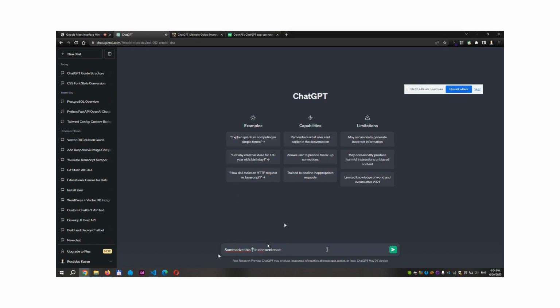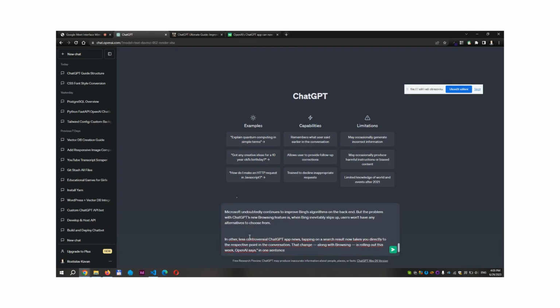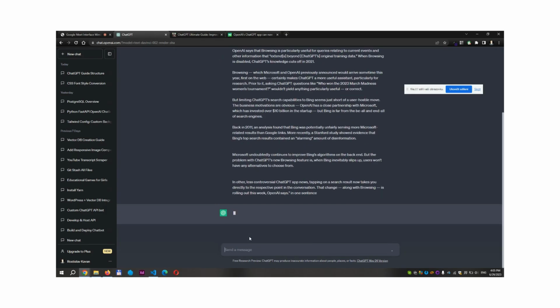So let's make it easy for it. Let's make some kind of separators of what is the contextual text and what is the actual instruction on what to do with the text. So this is our instruction: Summarize this text in one sentence, and the text is actually the context we provide. So let's have a look at what it will spit out.